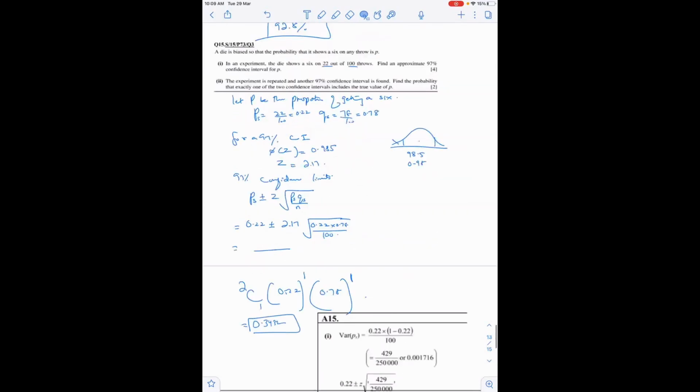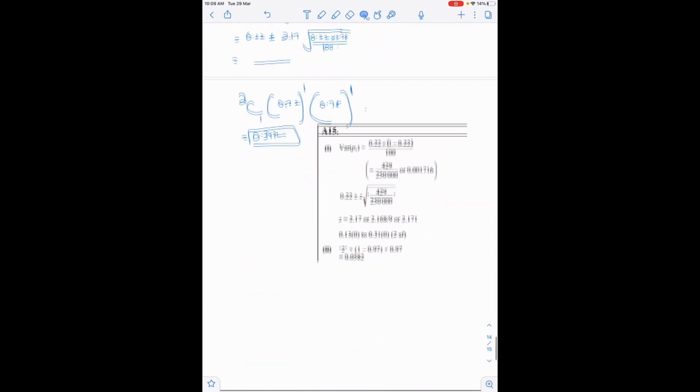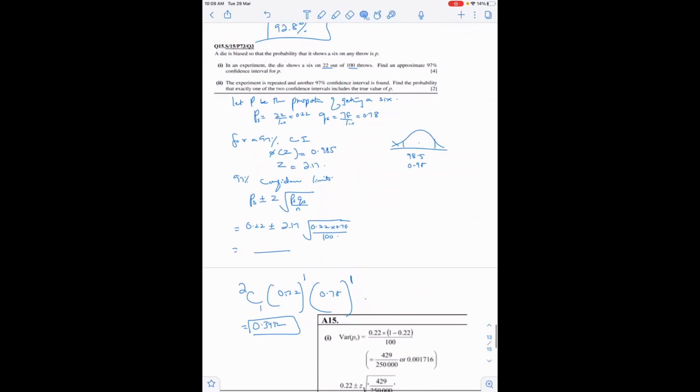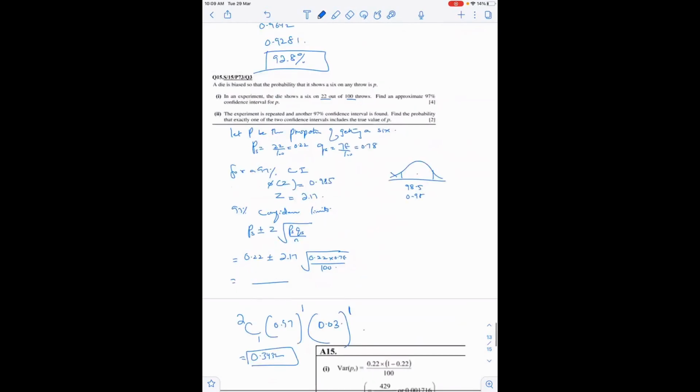They have taken 0.97. It was a 97% confidence interval, so here it is 0.97 and here it will be 1 minus 0.97, which is I think 0.03. Make sense?